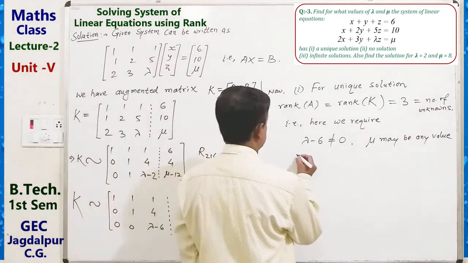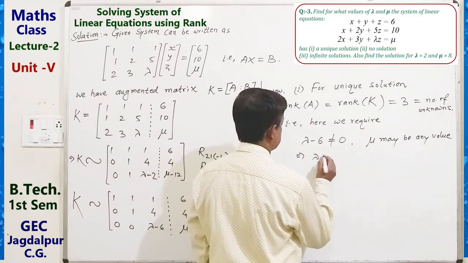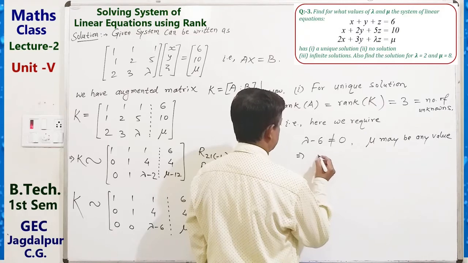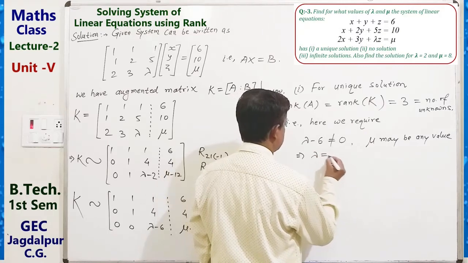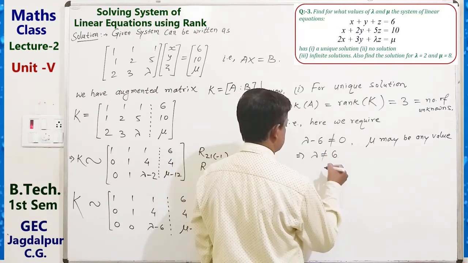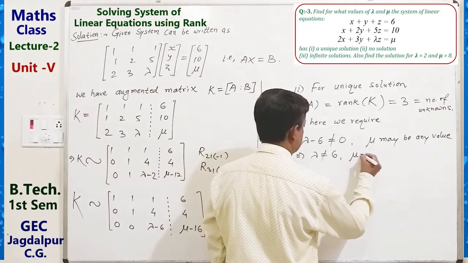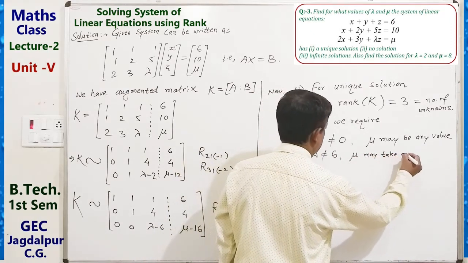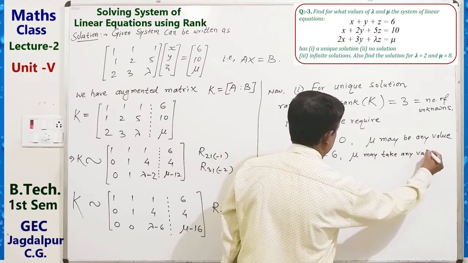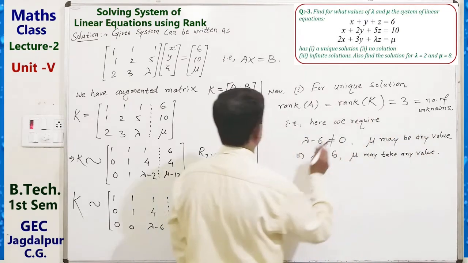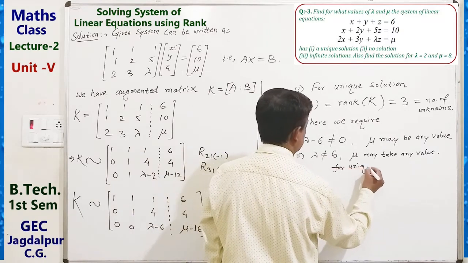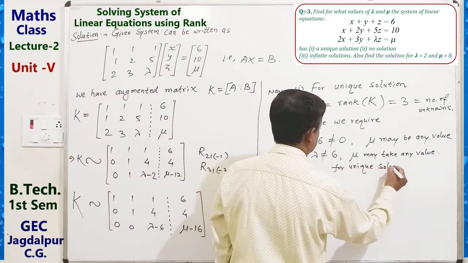This implies lambda not equal to 6, and mu may take any value for a unique solution.